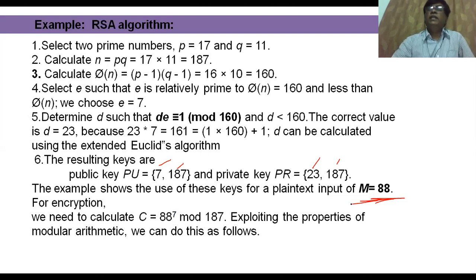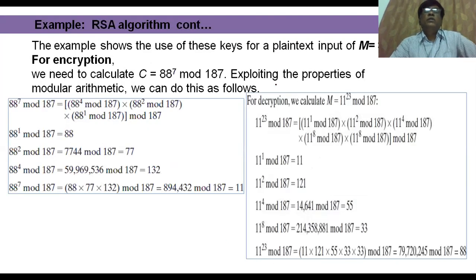Now we need to calculate the ciphertext. The ciphertext calculation is at the encryption side. So ciphertext C is equal to plain text 88, power E which is 7, mod N which is 187. 7 is the E, 88 is the plain text, and 187 is the N value.